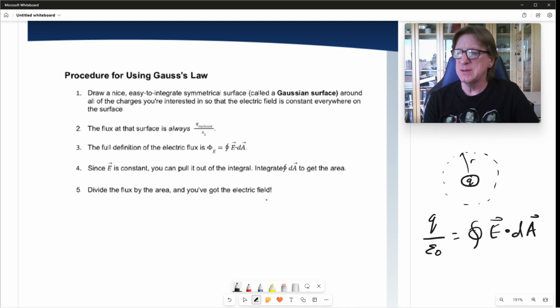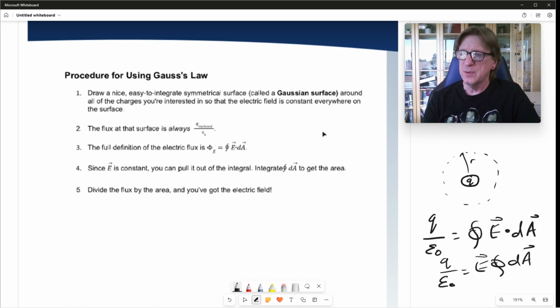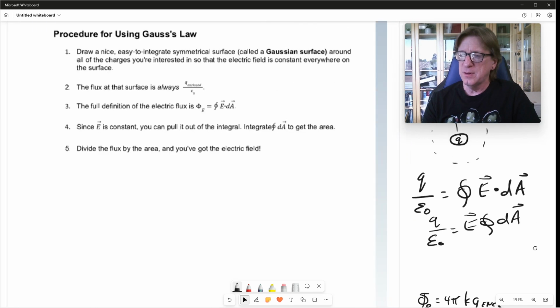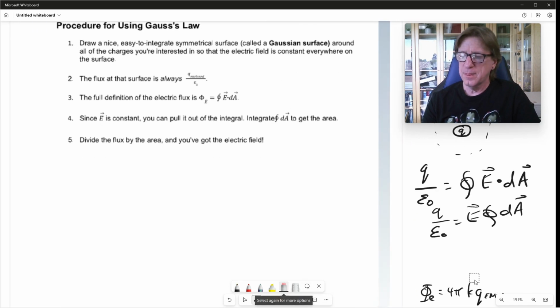Now I've chosen my surface so that that electric field is always going to be perpendicular, and it's always going to be constant. So I'm going to pull that out, and I get Q over epsilon naught equals E times the integral of dA. Well, the surface integral of dA is just the area.